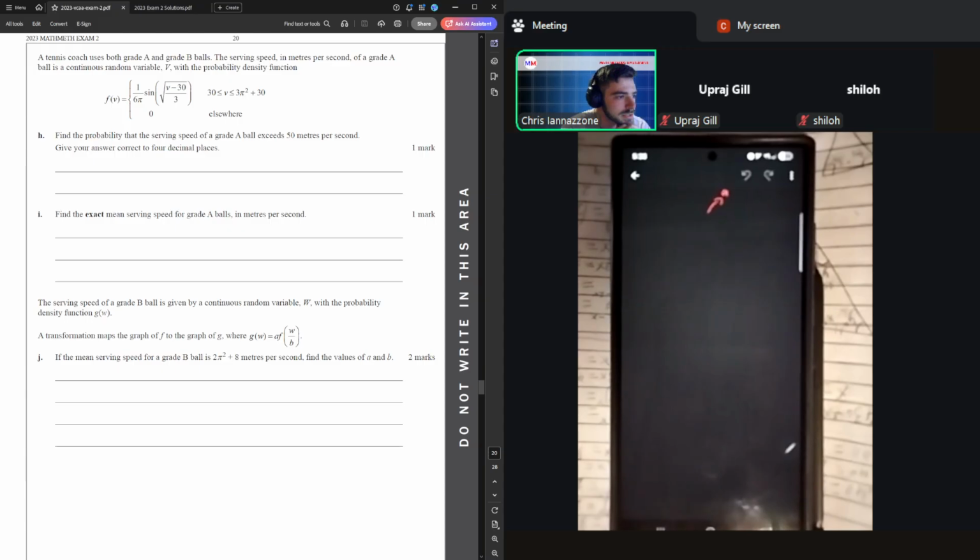Find the probability of the serving speed being greater than 50 meters per second. Reminder, this is tech active, by the way, exam 2. Serving speed being greater than 50 meters per second. Probability of that thing occurring.